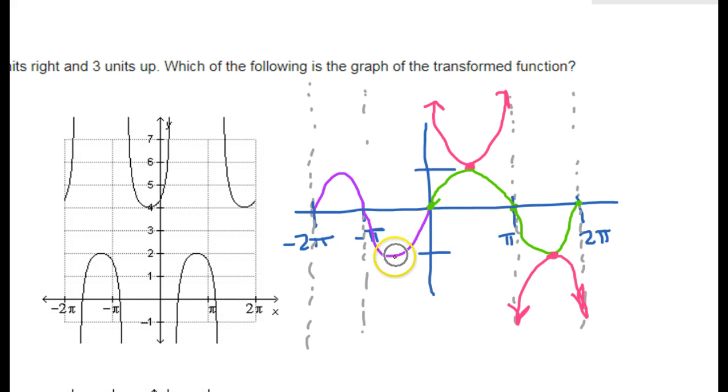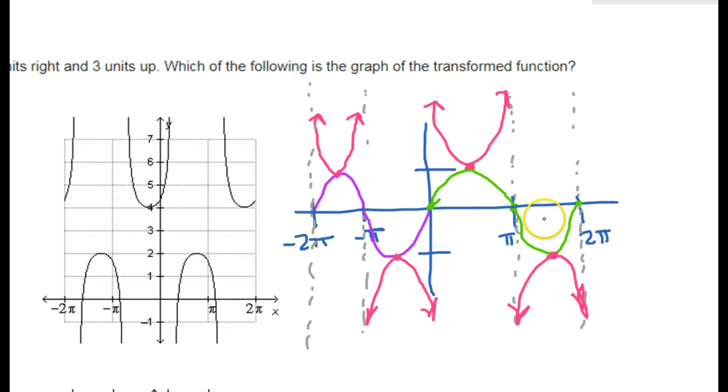You'll forgive my drawing, I hope. So as a really rough sketch, this is what one period of the cosecant function would look like. The cosecant is just the red part. Everything else is just a guideline.